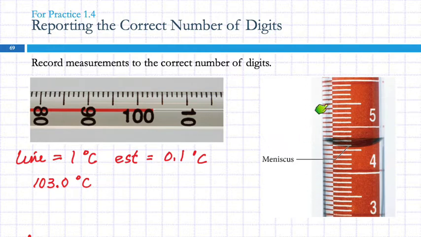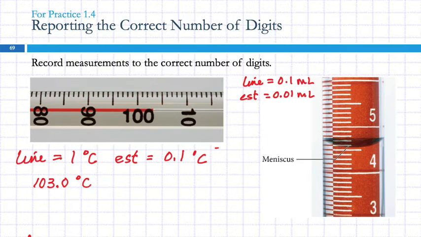Over here for this one, this is a graduated cylinder. We've got 4 and 5, those are milliliters. And so these lines represent tenths of milliliters. Right? So here the line equals 0.1 milliliter. So then we're going to estimate the next decimal place, which would be 0.01.